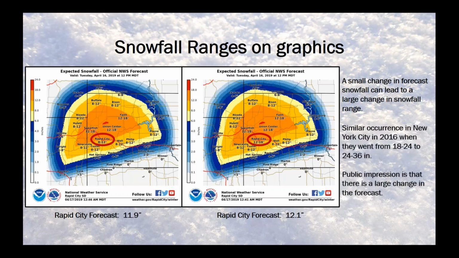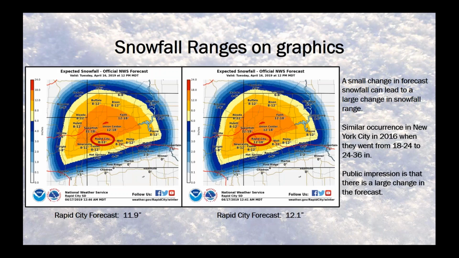So if you're Rapid City here and you've changed your forecast from 11.9 to 12.1 inches, what the public sees is that you've changed your forecast from 8 to 12 to 12 to 18 inches. What was basically a very little change in the forecast, from a public perspective, seems like a significant change. Suddenly they go from less than a foot to greater than a foot of snow. But in reality, there's been no change in the forecast. And this has happened elsewhere too.